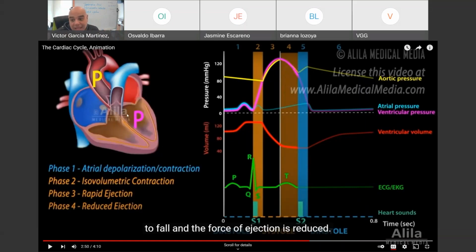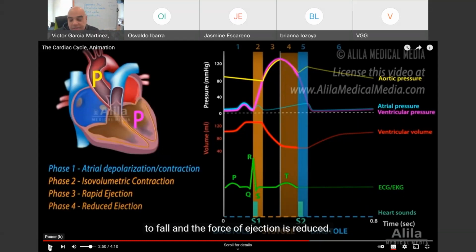Then after that, you reduce the pressure, and eventually, in the next phase, you reduce the ejection of blood out of the heart. Then the pressure inside the ventricles drops, and during this phase you're going to close the semilunar valves as well.